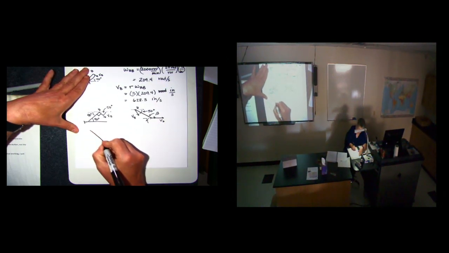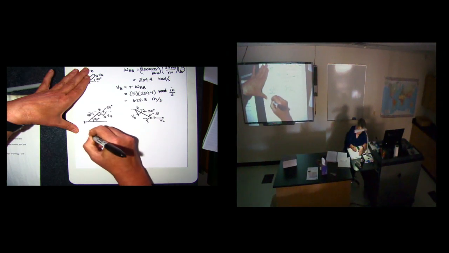So I'm going to draw this again. And what we're going to do is break it out into translational and rotational motion. Okay? So we're going to break it out into its two components.